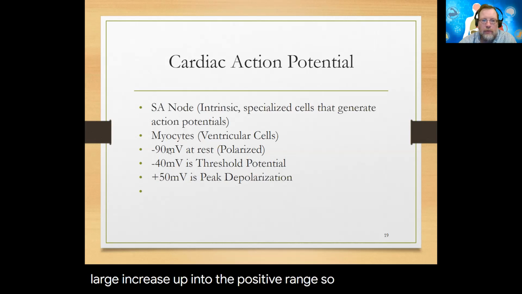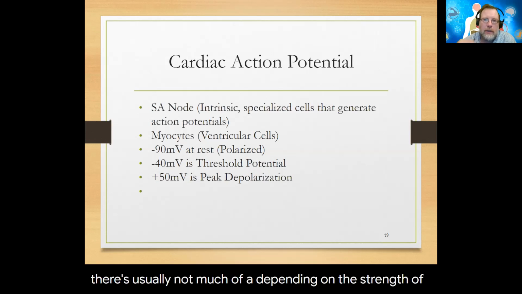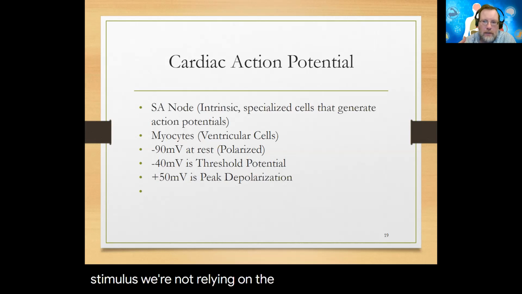So our threshold potential is negative 40 millivolts. And again, this is heart muscle, so depending on the strength of stimulus, we're not relying on the nervous system from the brain to be telling the heart what to do.